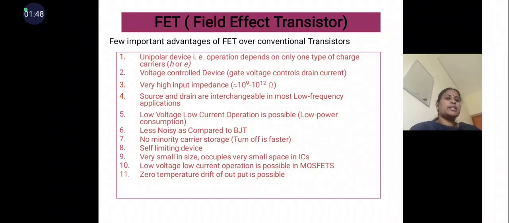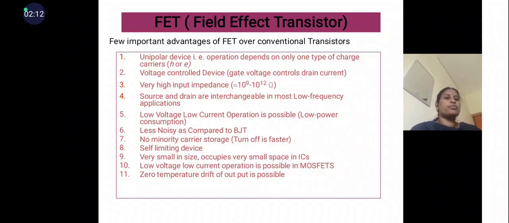FET has less noise compared to BJT, and another important thing is it does not have any minority charge carrier storage. Hence the turn off time is much faster compared to BJT. And FET is a self-limiting device, and FET size is very small compared to BJT.